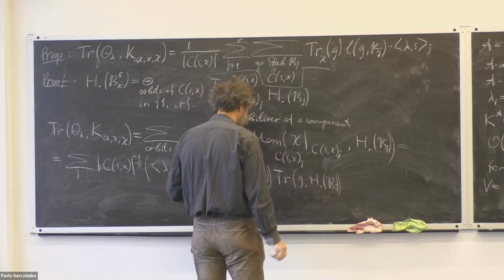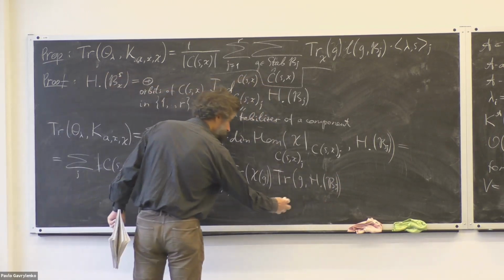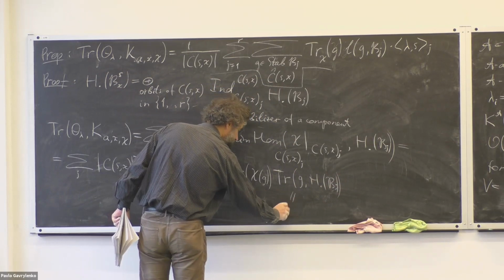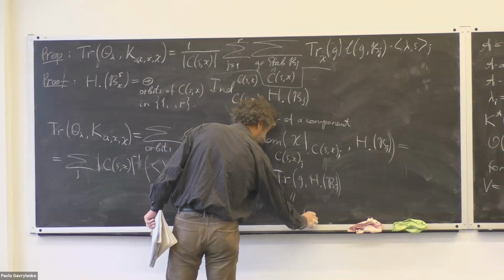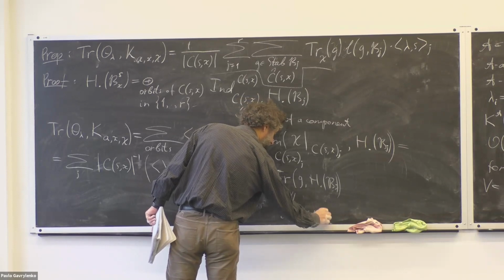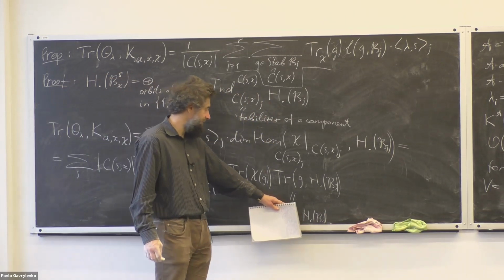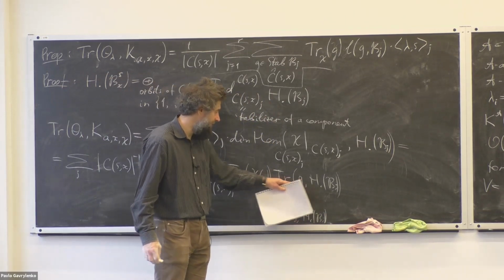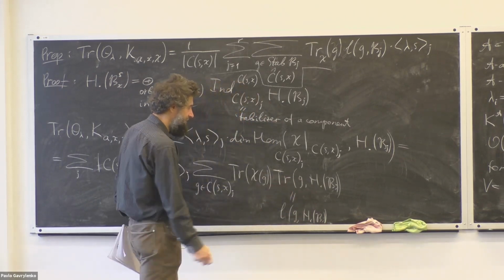Okay, and that's it. The only problem is why this is equal to the Lefschetz number. Because in the Lefschetz number we took the alternating sum, and here it's the total trace. So here there are some negative signs, and here all the signs are positive.